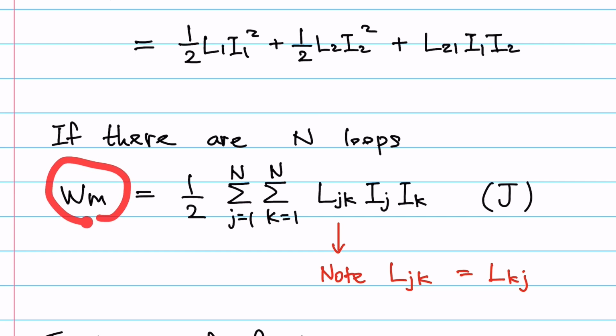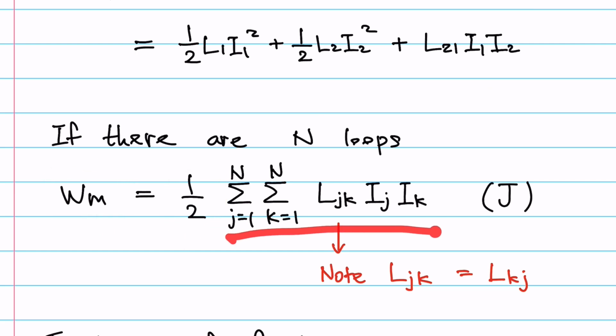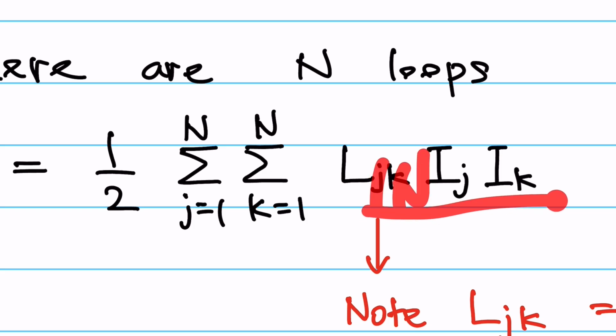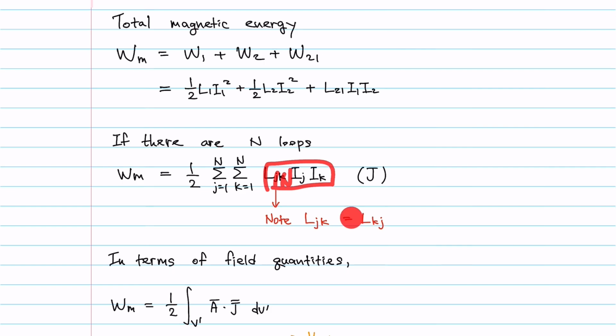You can see that the total magnetic energy is going to be 1 over 2 with the summation of all of this. So you'll have to put J as 1 first and then sweep K from 1 to n. If it's L11, and L12, L13, all the way to L1n, you need to add all of them up.